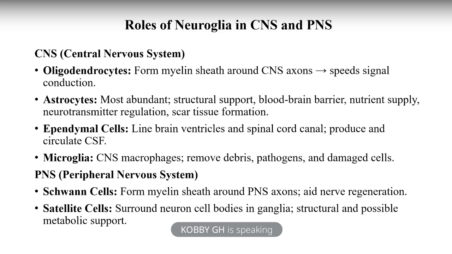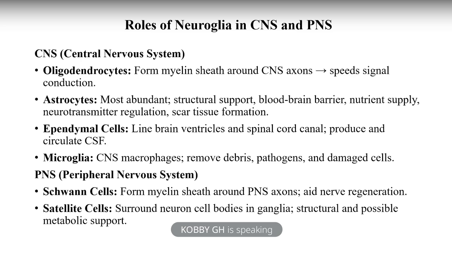It is this cell we call oligodendrocyte. So when we ask you what is the function of oligodendrocyte, they form myelin sheaths for the axons of neurons in the central nervous system.